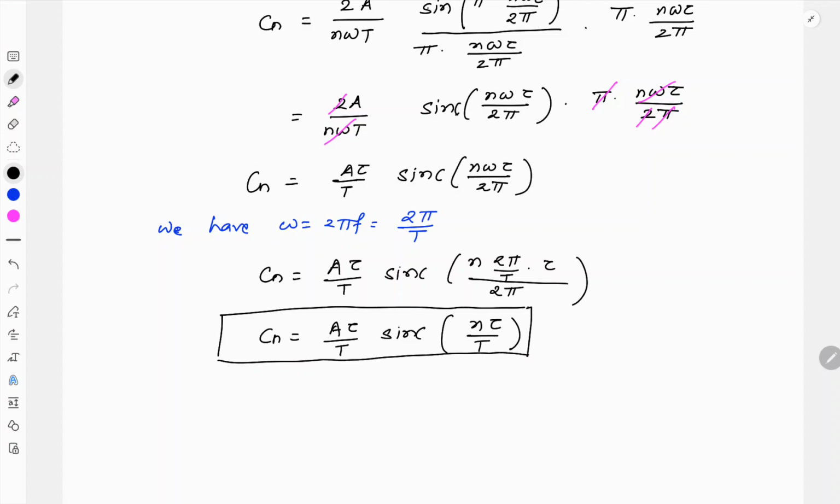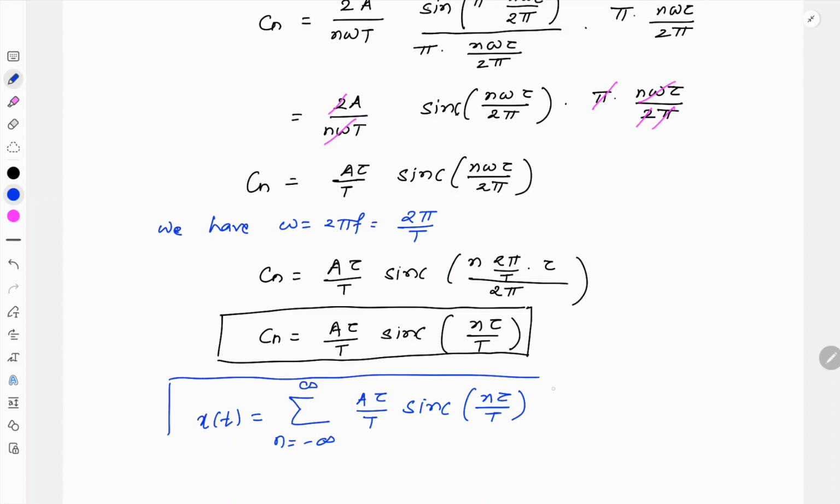square wave. So we have to finally represent the answer in terms of x of t. So our x of t is equal to summation n equal to minus infinity to plus infinity Cn. Now Cn is a tau by T sinc of n tau by T. So this will complete our answer.